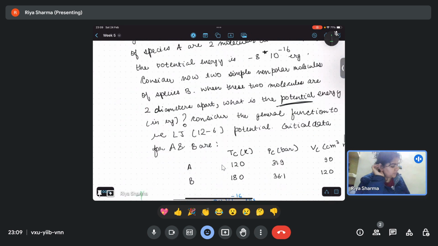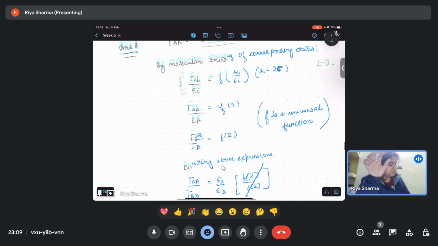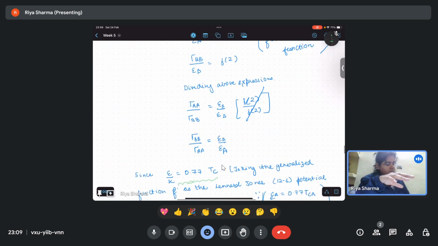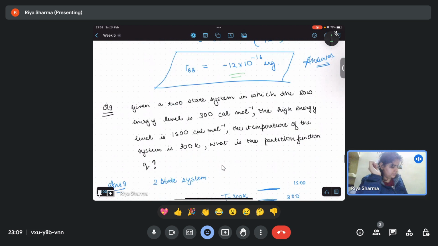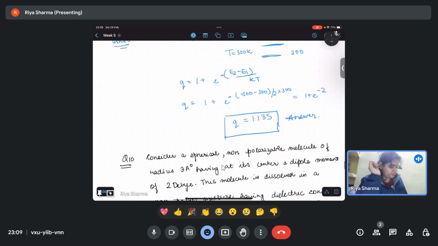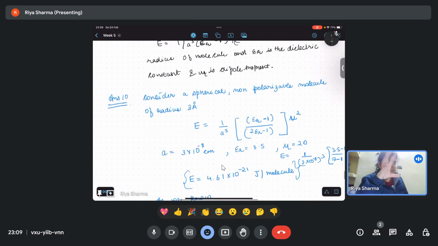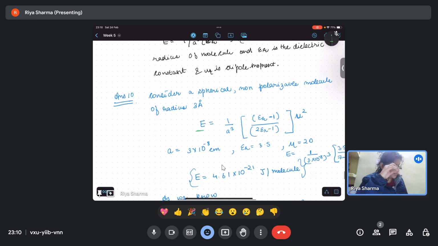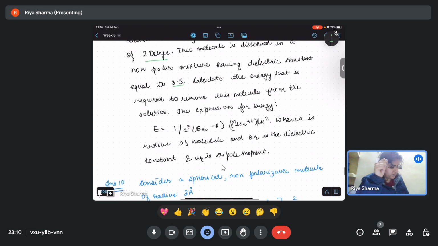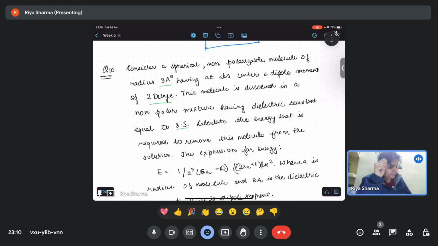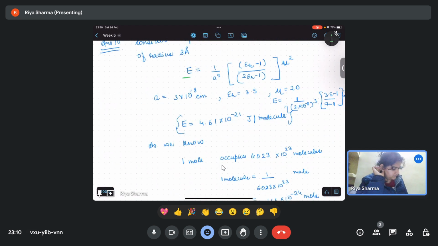Then we did a 2 model simulation where we were given potential energy, and then we just divide both of it and relate by epsilon by k. And then lastly, we did a two-state system, which we have already explained. And last but not the least, we did an energy calculation where A, B, and C have already been given to us. These values have already been given to us, and we have just put them into the functions and found out the values.